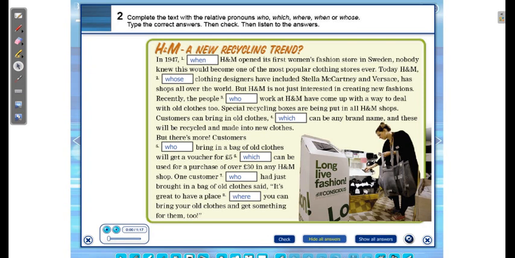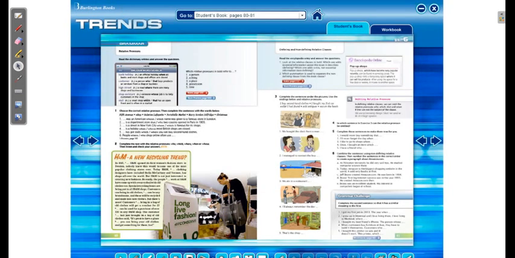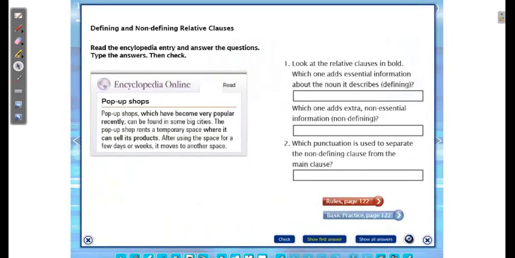Yes, good job. Now, talking about defining and non-defining relative clauses. Yes, before we talked about defining and non-defining. So, pop-up shops. Pop-up shops, which have become very popular recently, can be found in some big cities. The pop-up shop rents a temporary space where it can sell its product. After using the space for a few days or weeks, it moves to another place.